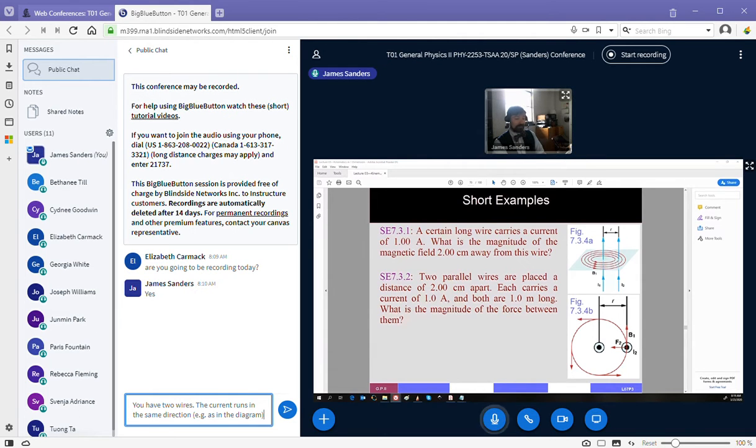You might want to draw the diagram that has two wires side by side like this, current going this way, just so you have it if this disappears when I start the poll.